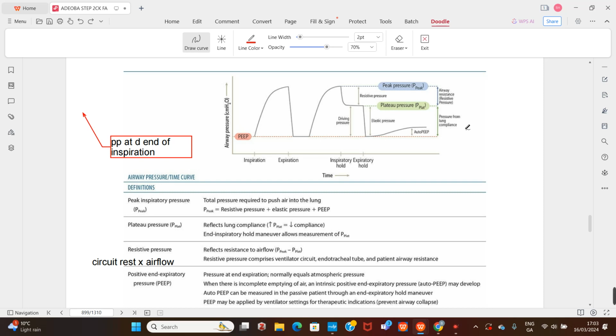So that means they have a high tendency to come together as elastic fiber. And that means that their elastic pressure is very, very high. So their Plateau pressure is going to be high. So the lesser the compliance, the more the elastic pressure, the more the Plateau pressure. So that is why Plateau pressure is inversely proportional to compliance.